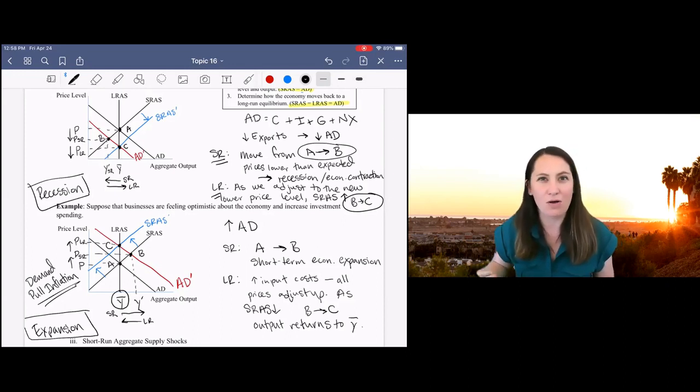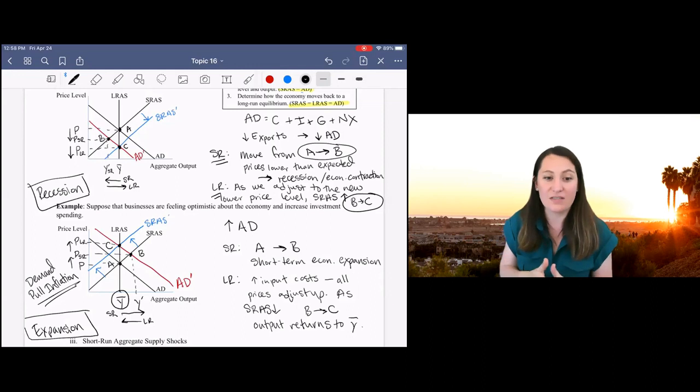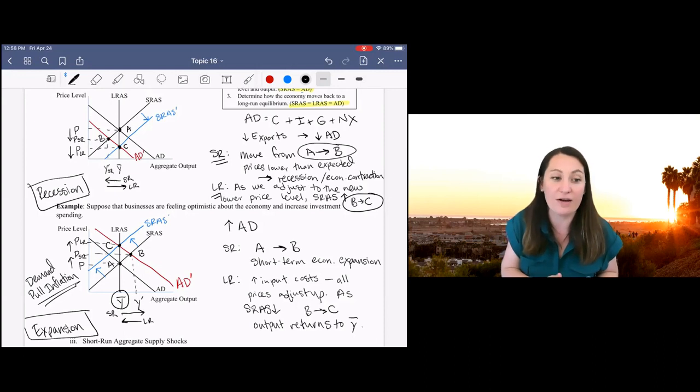Will people all of a sudden go back to spending the way that they used to spend? Or will we have some drop in consumer spending? Businesses probably have a drop in new businesses opening, right? I don't know. These are the risks that we face in terms of a prolonged recession or slow recovery.